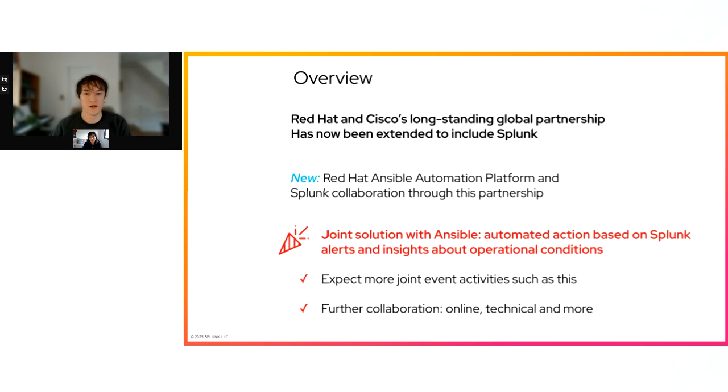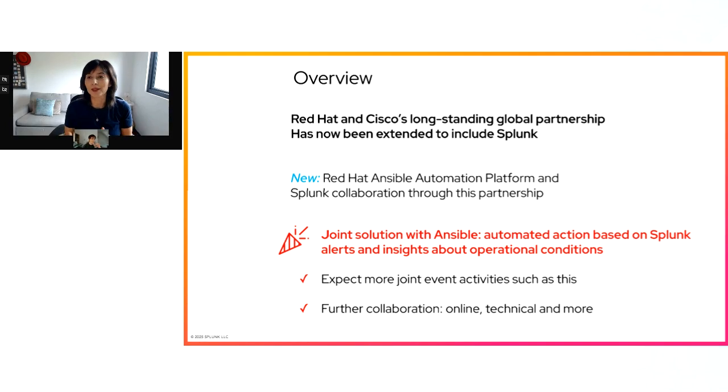So Daphne, would you like to go ahead and give us an overview of the partnership and some of the collaboration we have? Of course. Well, this is a very long relationship that Red Hat and Cisco have established. It might be more than 10 years old. We started with network automation, with some of the use cases for the operating systems.